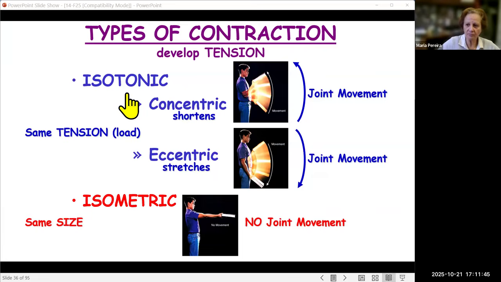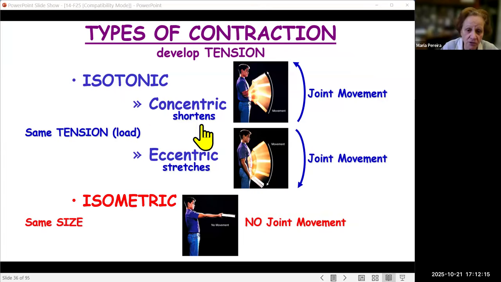So if I'm moving this cup up and down, the force, the tension that I'm developing is the same, but the size of the muscle changes, right? Contracting, relaxing, contracting, extending. So isotonic contractions are those where the tension is the same, but the size of the muscle differs.